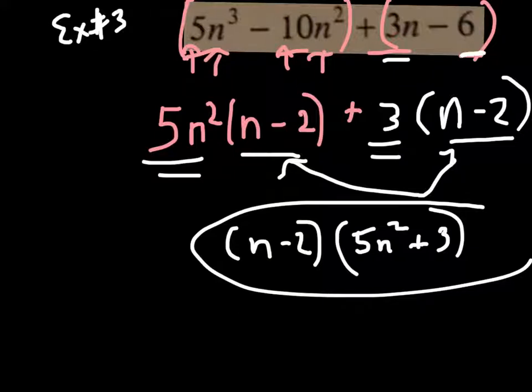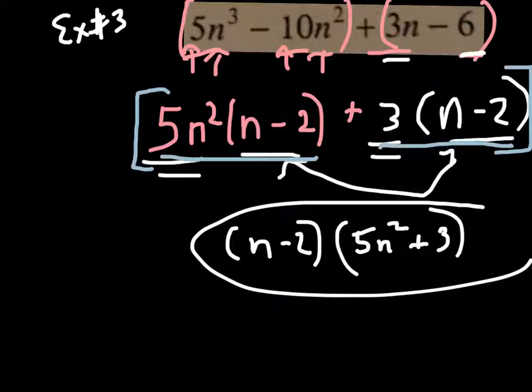Now, if you want to know why that all works, because it's always interesting to know why, if you look at these two terms separate, term 1 and term 2, what is common between them is the n minus 2 and the n minus 2.